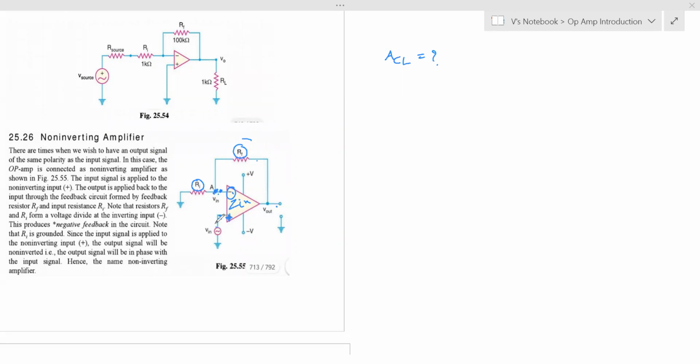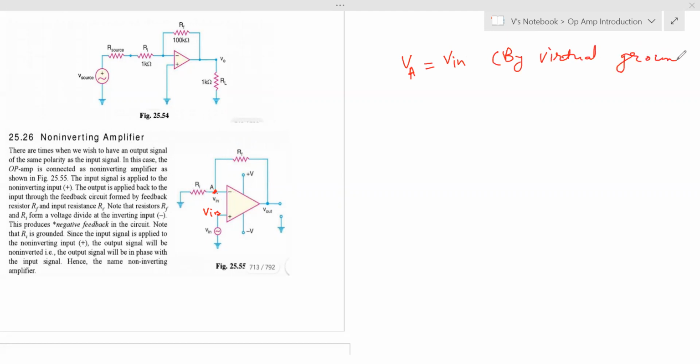So earlier it was connected to ground, so at point A we were getting 0 volt. But now you are connecting your input to this point, right? So what is the voltage at this point? Vin. So the voltage at this point is Vin, right? So that's why the voltage at point A, by the virtual ground concept, is Va equal to Vin.